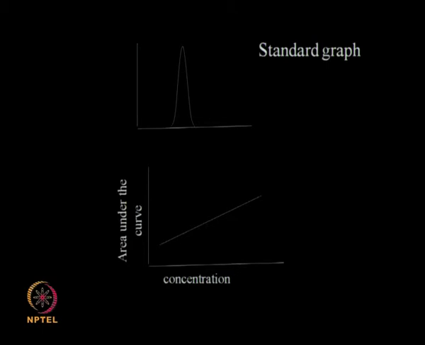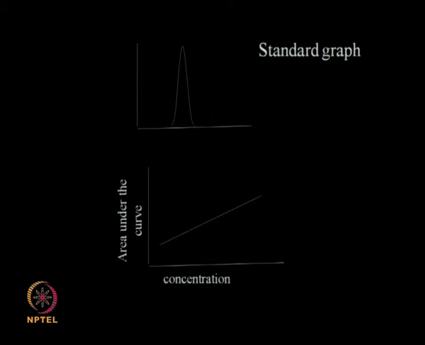So if you have 2 or 3 components, then you prepare standard graphs for each one of the components, and then in the mixture when you inject, you get the areas of each of the components from the chromatogram of the mixture, and then you read out the concentration for each one of the components using the different standard graphs.